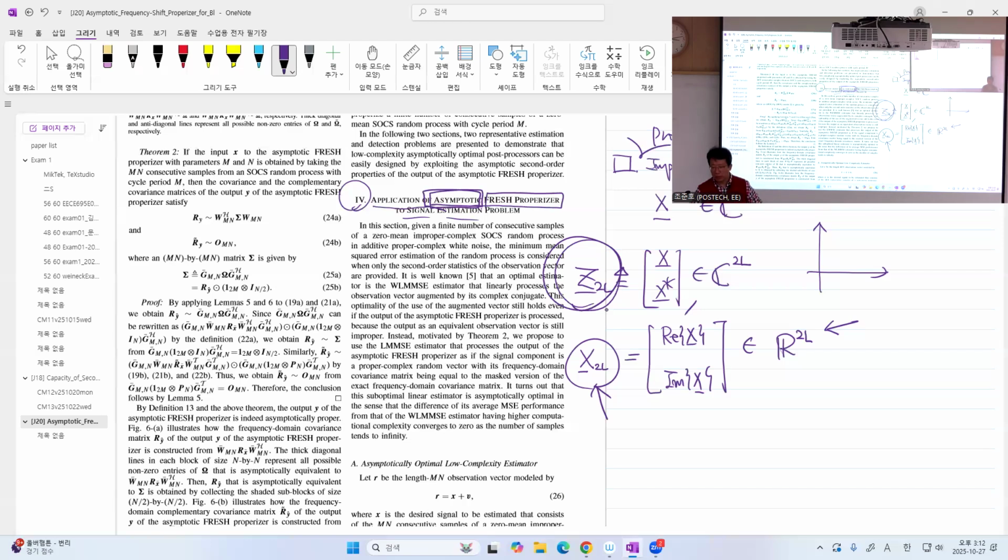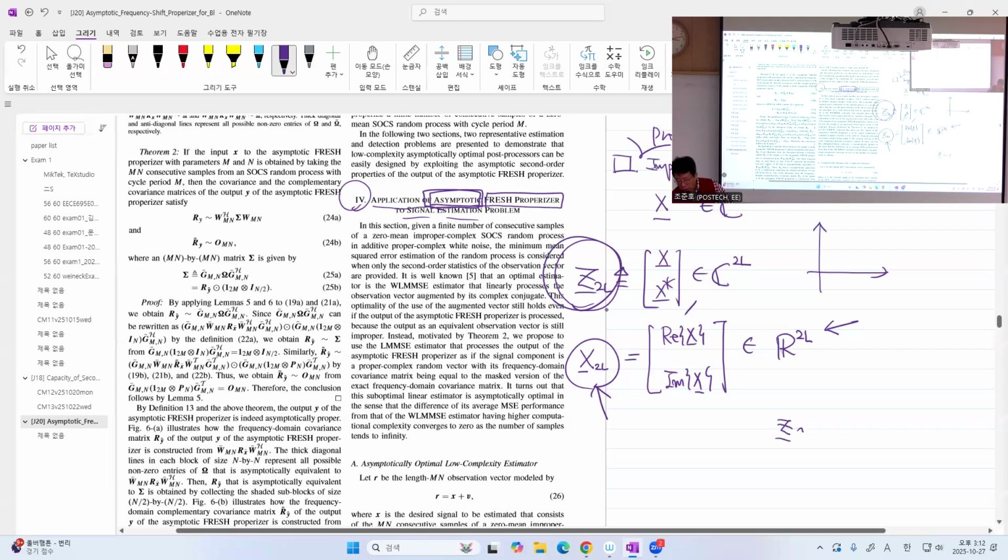What's going on? So what you can do is that you may consider a complex Gaussian random vector that is improper. So suppose you have a mean vector and you have some covariance and complementary covariance matrices.